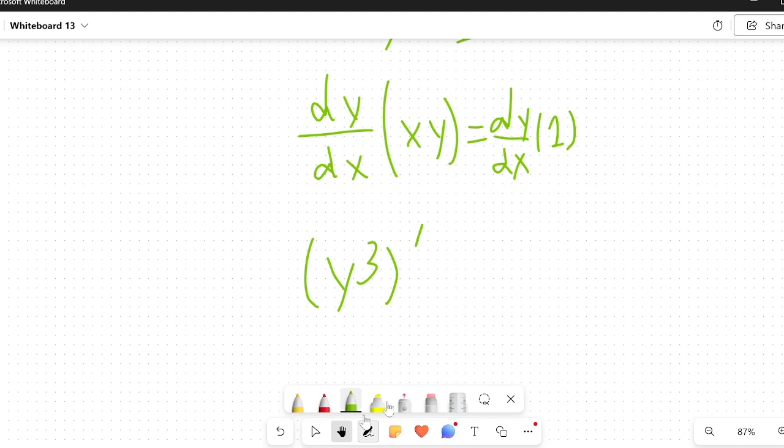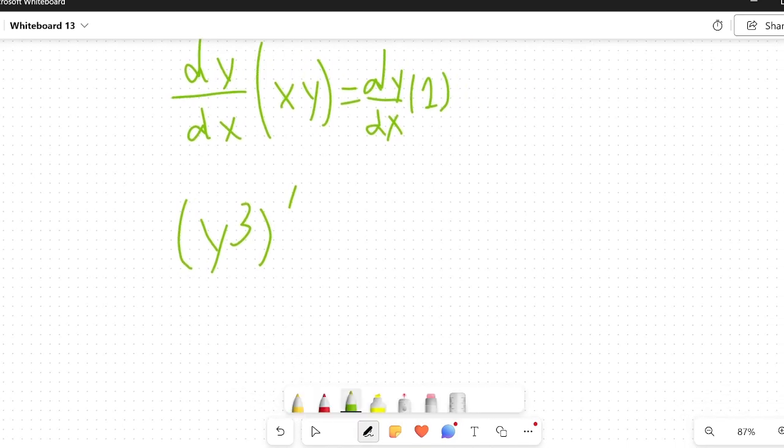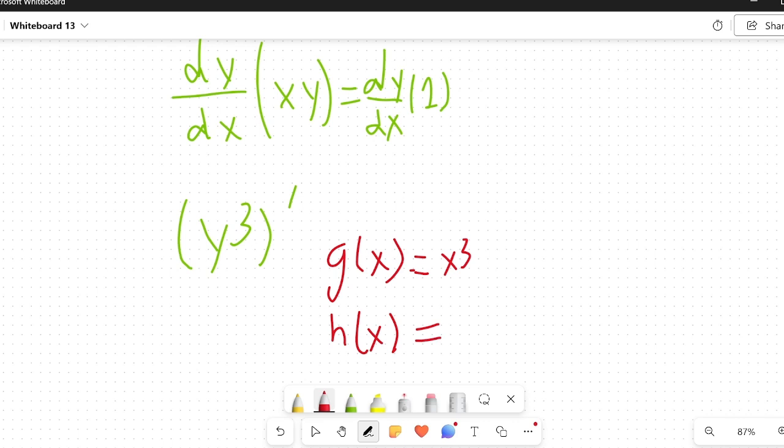If we break this up into two functions, g of x being the outer function, g of x equals x to the 3, and h of x is equal to y. So y is actually some function of x.